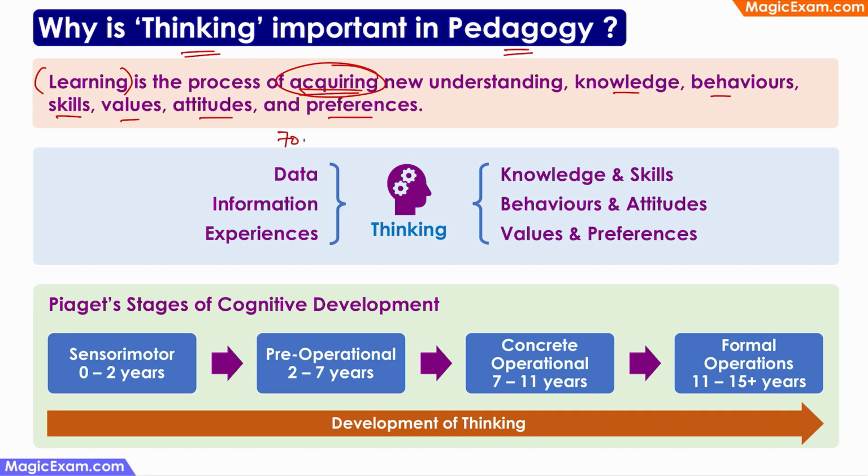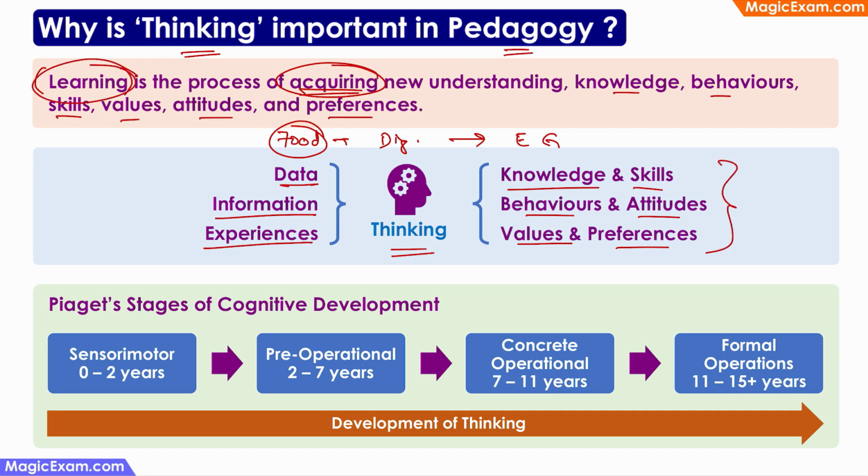When you eat food, the food gets digested in your body, and the result of this digestion is energy and growth. Similarly, data, information, and experiences are like food, and the process of digesting this food is nothing but thinking, and the result of this thinking is new knowledge, skills, behaviors, attitudes, values, and preferences, and these are nothing but learning.